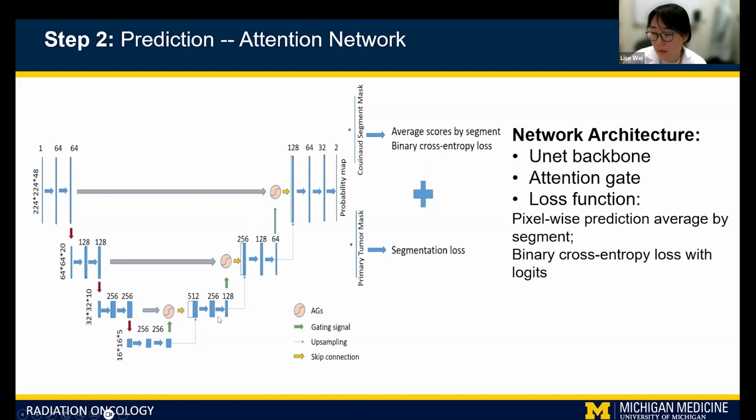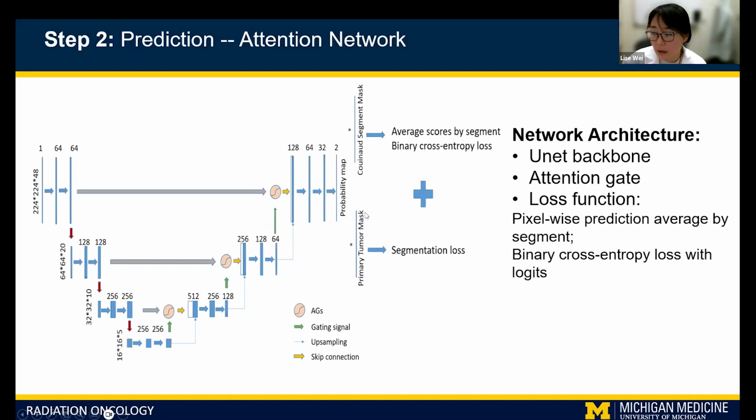One new technique here is called the attention gate, which is used to give more attention to important parts in the images. And then afterwards, there's the output channel. One will be multiplied by the Couinaud segments we already have, and then we average the scores from each segment, using binary cross entropy loss to do the prediction.